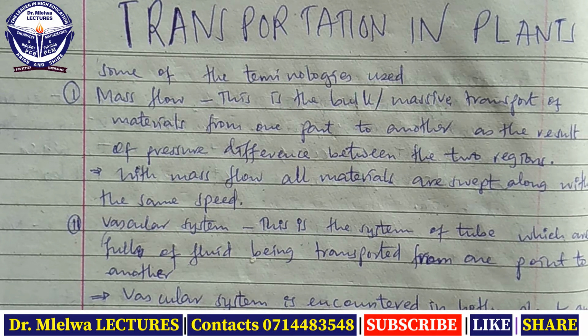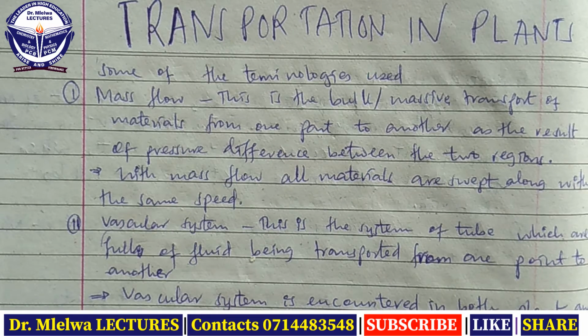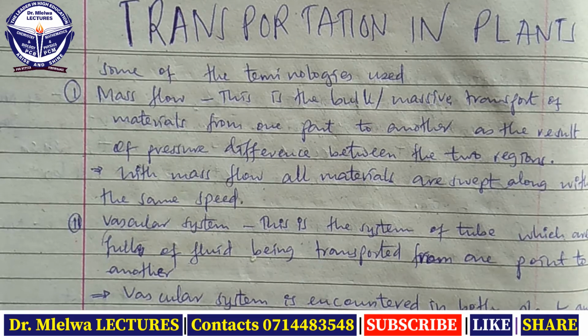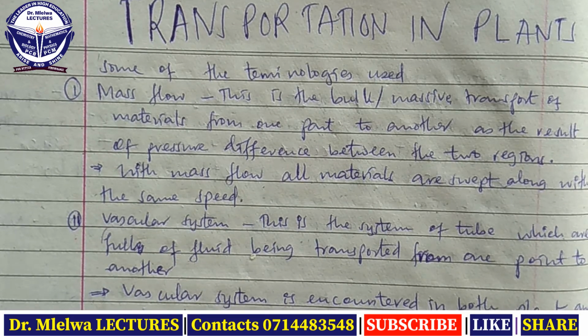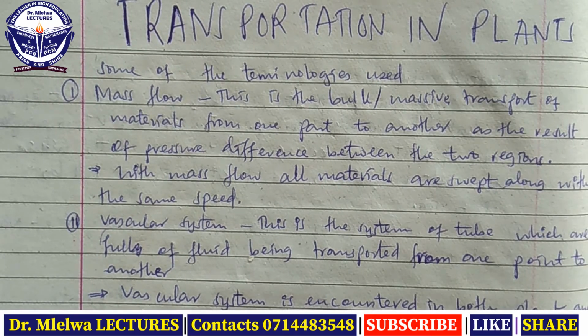And this is also different even from facilitated diffusion and active transport, because in facilitated diffusion and active transport, you can transport some materials such as glucose or even amino acids. But even if you are transporting those materials, you can't transport many of them at the same time.